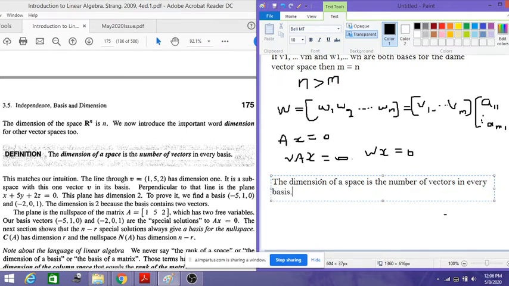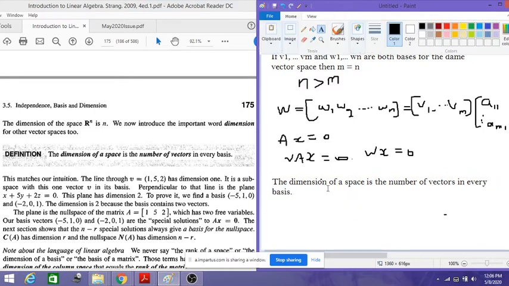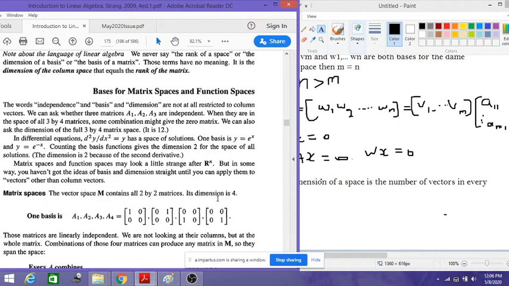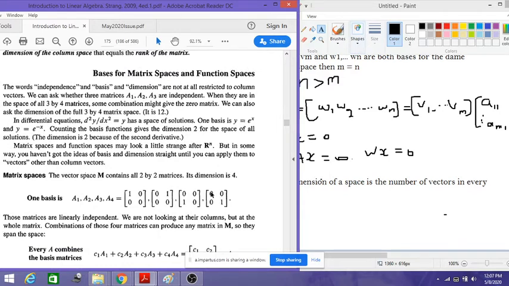That is what I said in the beginning of this tutorial, that the dimension is the number of non-zero rows in the reduced row matrix. So that defines the dimension of the matrix. The same thing is stated here: the dimension of the space is the number of vectors in every basis.